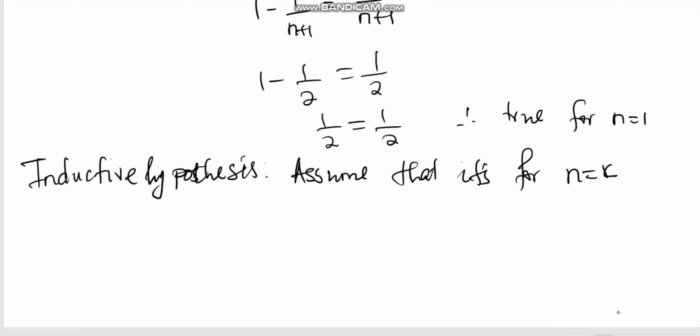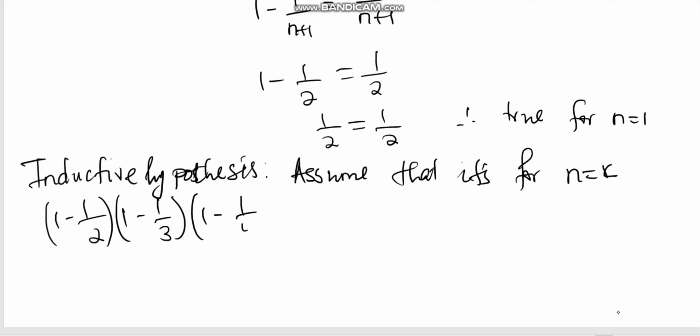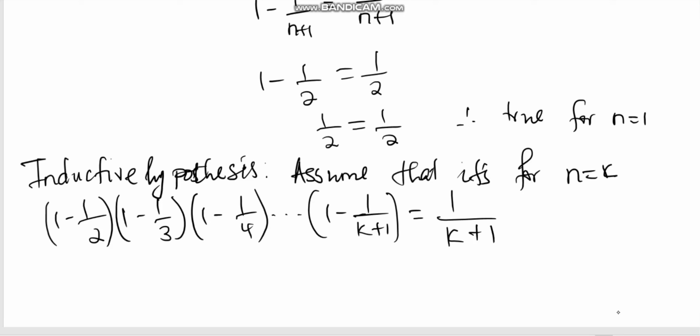So meaning that we write the expression the way it is, then what is n there, we're going to substitute with k there, or replace with k. So we have 1 over 2 term, then we have the next term 1 minus 1 over 3, then we have 1 minus 1 over 4, then we have 1 minus 1 over k plus 1 here being equal to 1 divided by k plus 1 like this here.